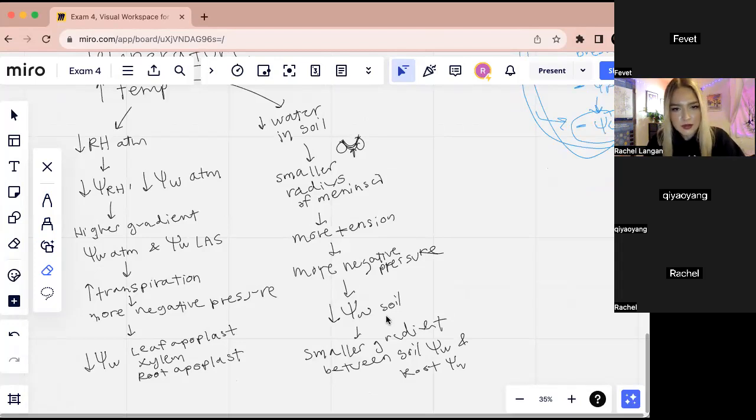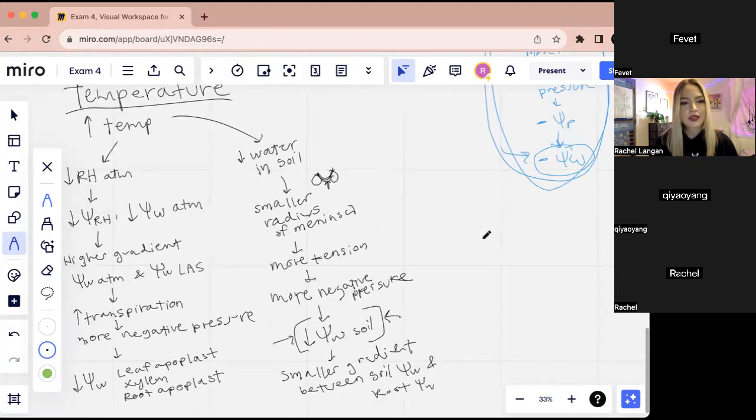If the water potential of the soil was really high, that would cause a steep difference between the soil and the root, which would cause more flux in. But in the case of low water in the soil, by decreasing the water potential of the soil, we decrease the gradient and make it harder for water to come in.